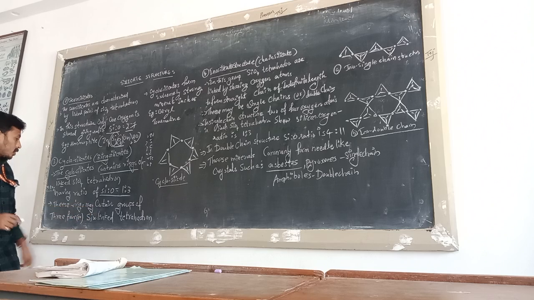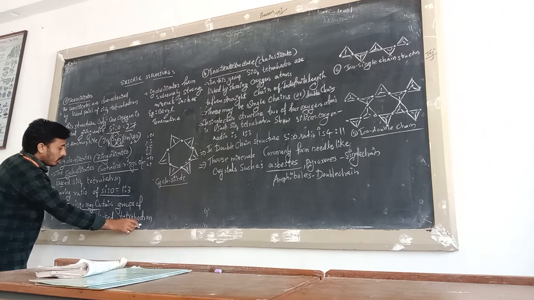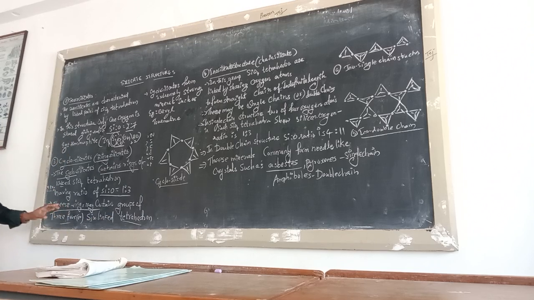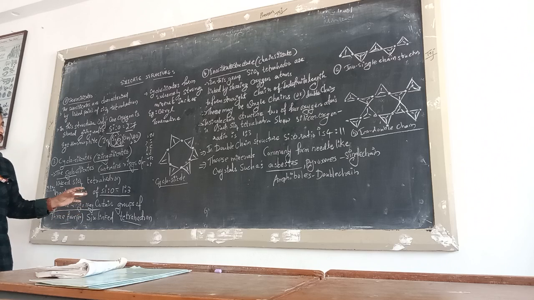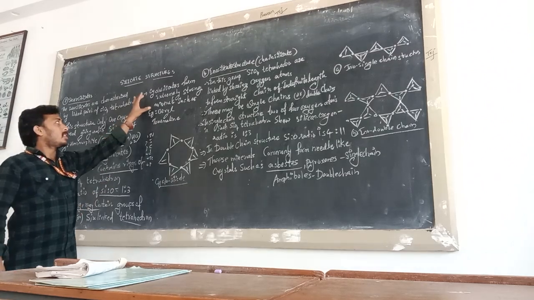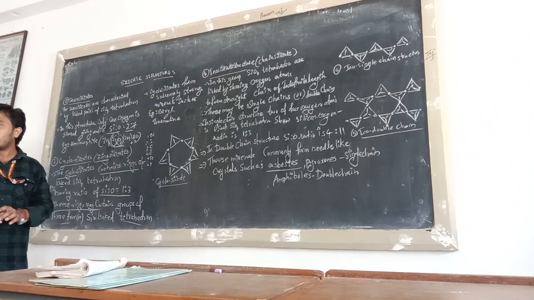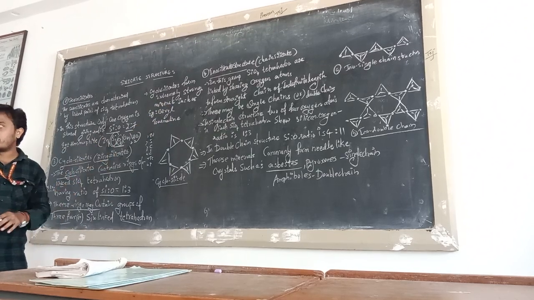Beryl and tourmaline are the examples for the cyclosilicates. Generally we call them ring silicates. So cyclosilicates will form some strong minerals, beryl and tourmaline.